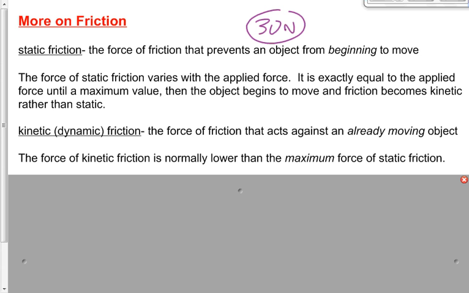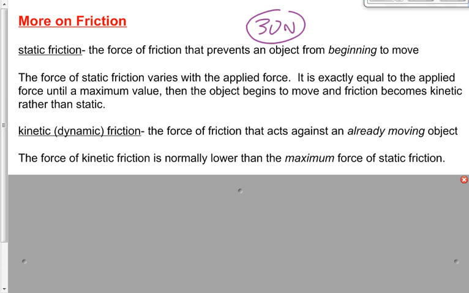Kinetic friction on Leah's desk is 20 newtons when the desk is moving. It doesn't matter how fast the desk is moving. It doesn't matter how hard I push it. If the force of kinetic friction is 20 newtons, then the force of kinetic friction will always be 20 newtons. It's not a changing force like static friction. It's not one of those forces that only does what it needs to do, like static friction.